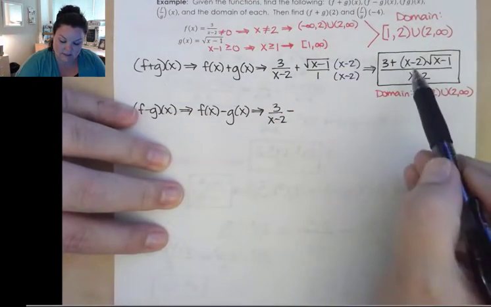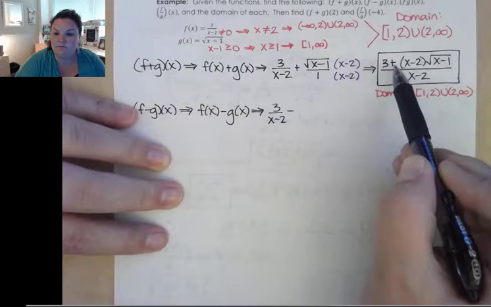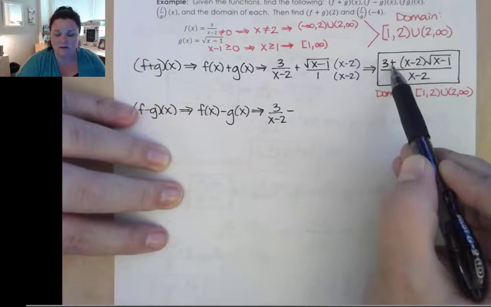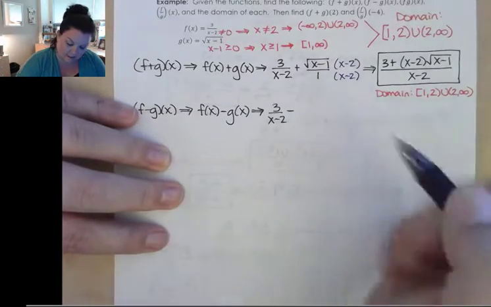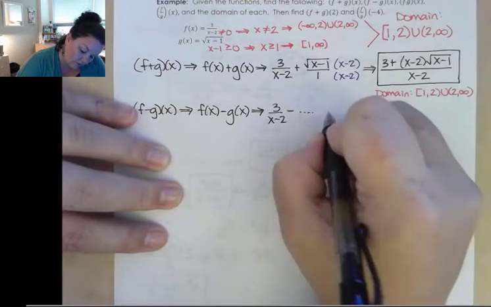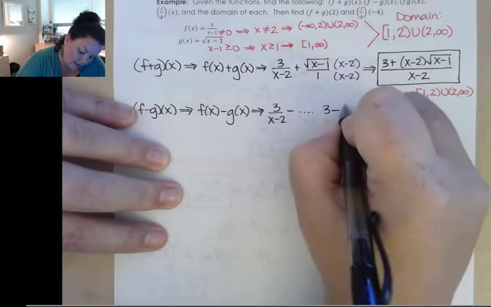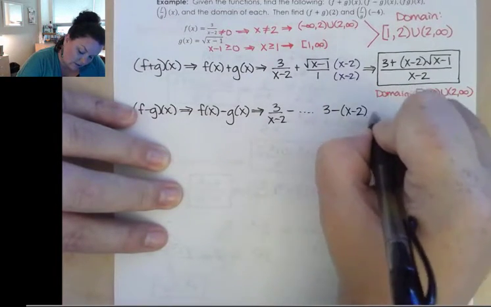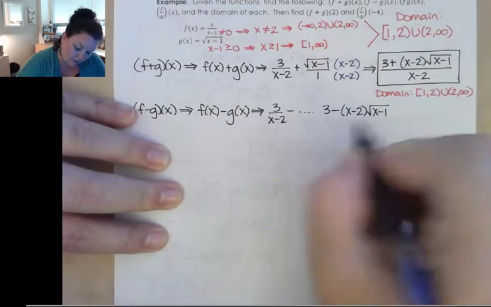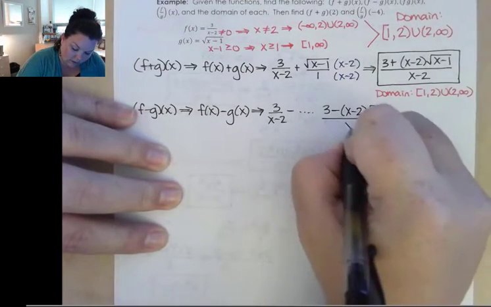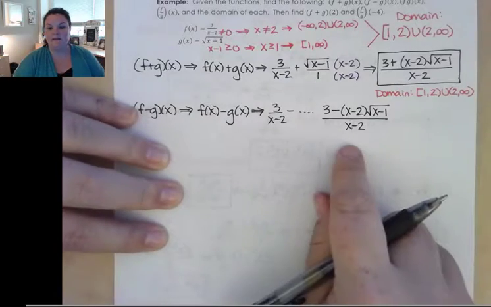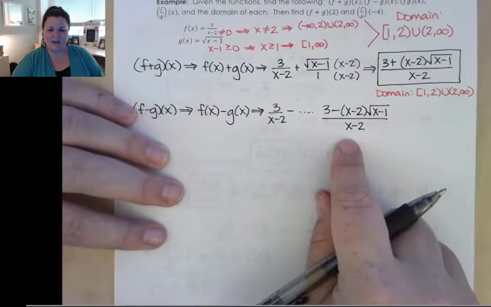It's just this bit of it is going to be a subtraction instead of an addition, right? So instead of rewriting all this out, I'm just going to say dot, dot, dot. We're going to end up with 3 minus the quantity x minus 2 in front of our square root all over x minus 2. Okay, are you okay with why I did that, how I got that?